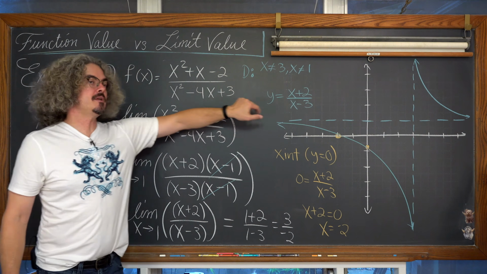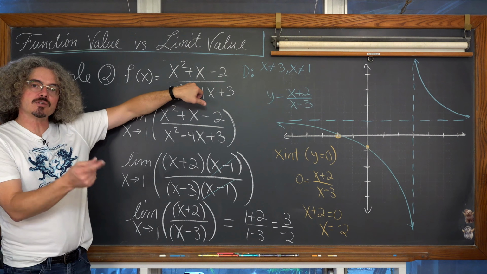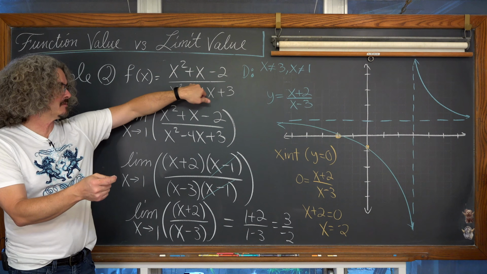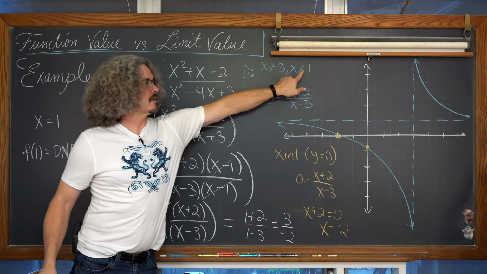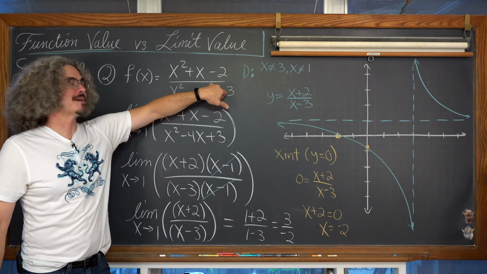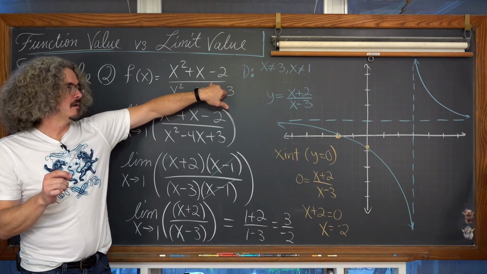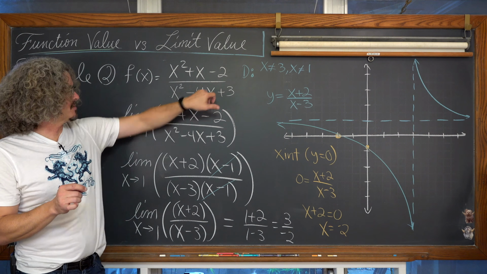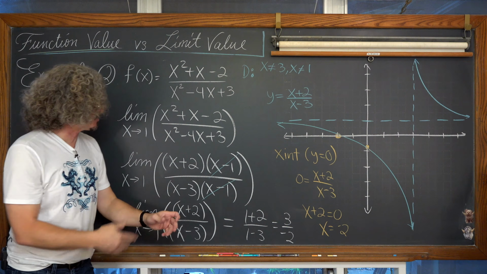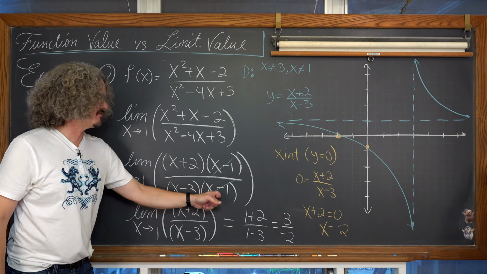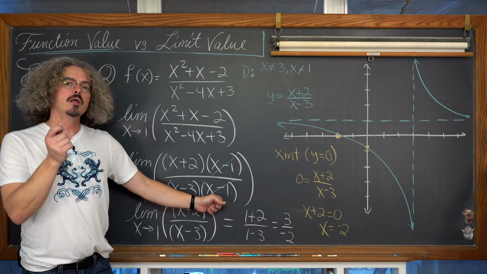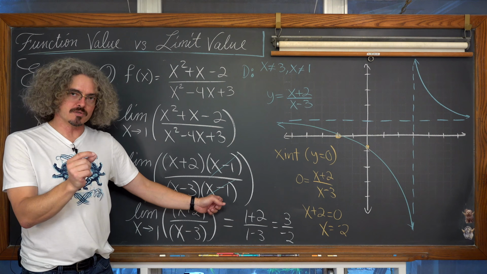This function agrees with our given original equation everywhere except x equals 1, because the original function was undefined there, which means that if you go back to your pre-calculus or Algebra 2 when you graphed rational functions, when you had factors that were able to cancel, those were locations of holes.